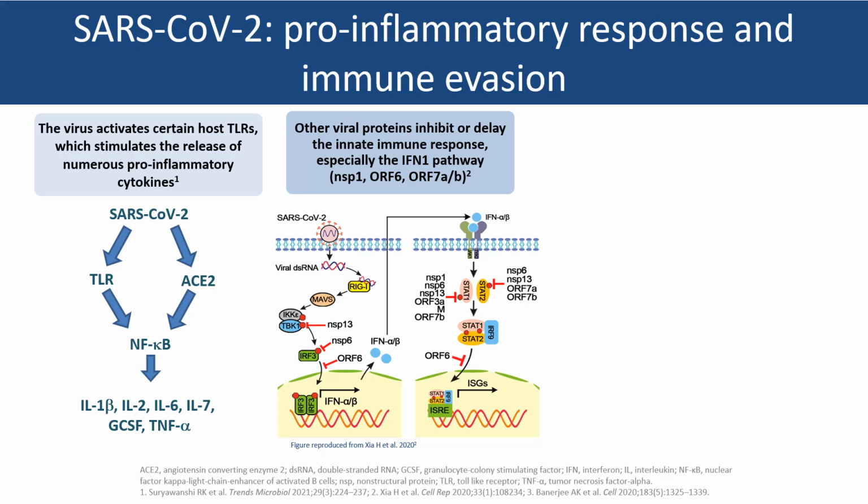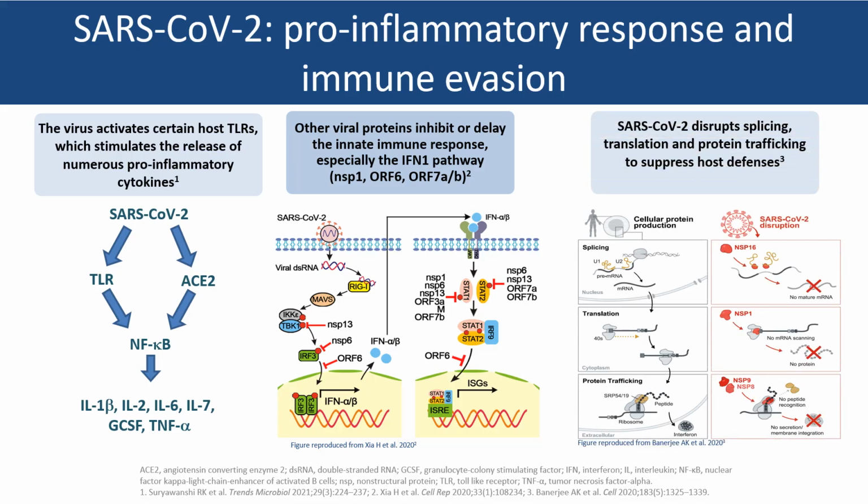Not only that, but several other viral non-structural proteins work to inhibit pre-mRNA splicing, mRNA translation, and protein trafficking. All of these steps are, of course, necessary to synthesize cytokines and other host defense proteins. All of these tricks by the virus have evolved to delay the mammalian immune response in order to allow it to replicate.